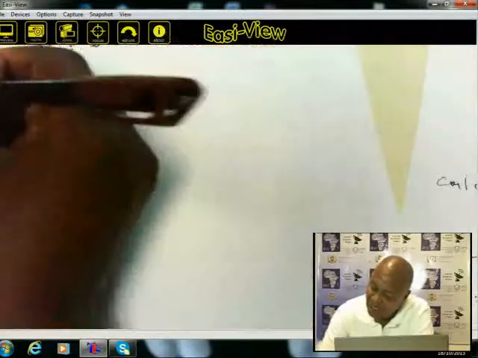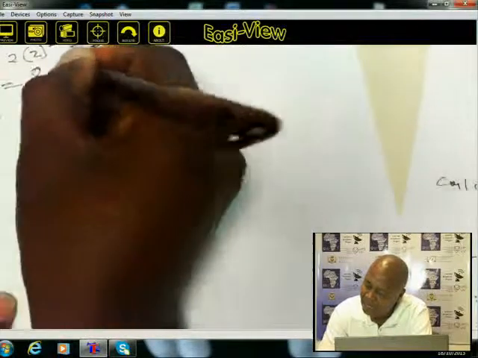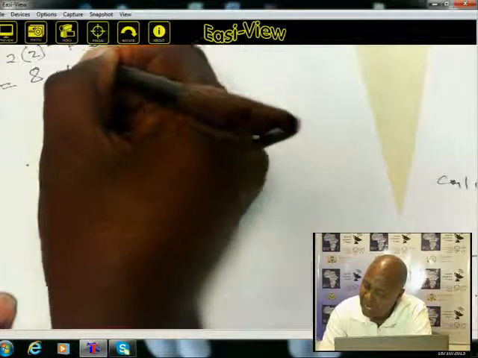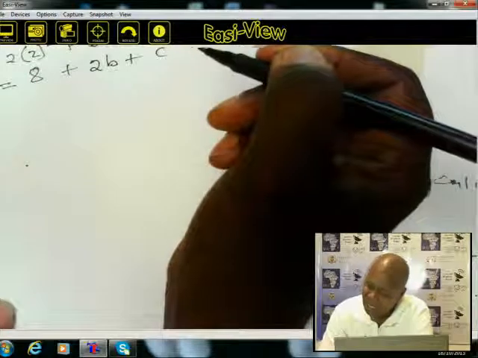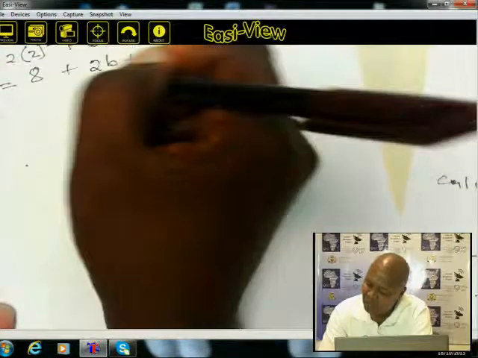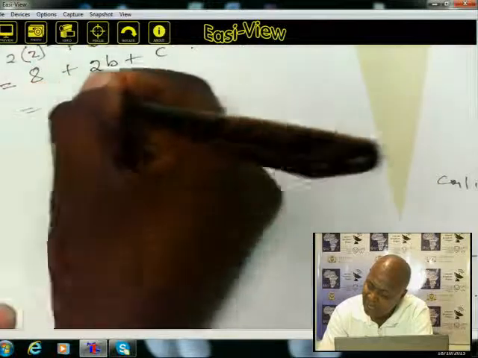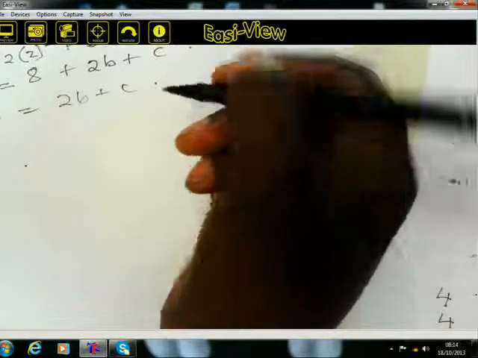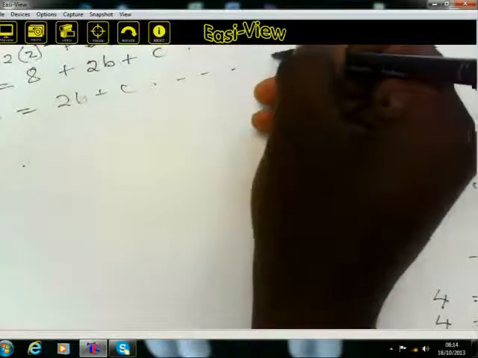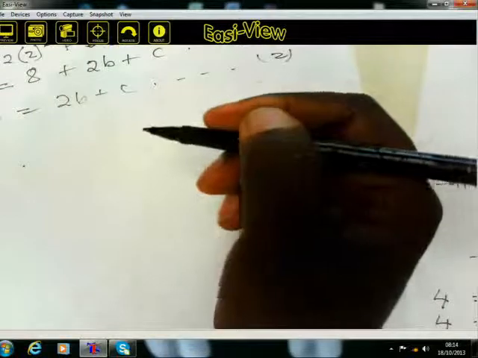So 7 is equal to 2 into 2 squared plus 2b plus c. Now this is 7, which is equal to 8 plus 2b plus c. And then ultimately this gives -1, which is equal to 2b plus c. That is going to be our second equation that is involving b and c.